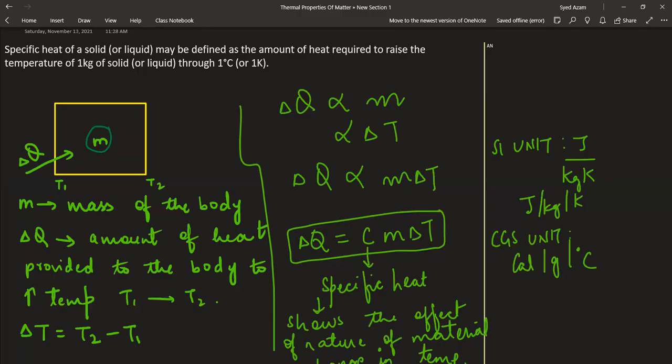It shows the effect of the nature of the material on the change in temperature. Now, if I ask, Aleena, what is the formula of C from here? It will be delta Q divided by m delta T. Now, see, if I say this mass is 1 gram and this change in temperature is 1 degree Celsius, what will be left here, Aleena? You tell me.